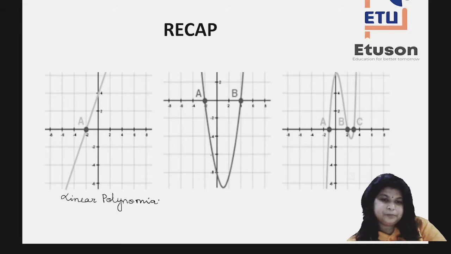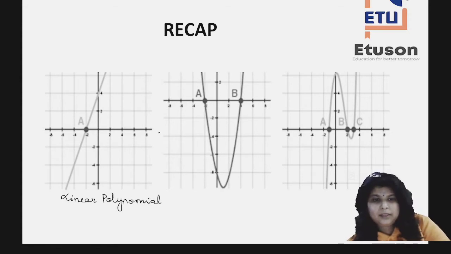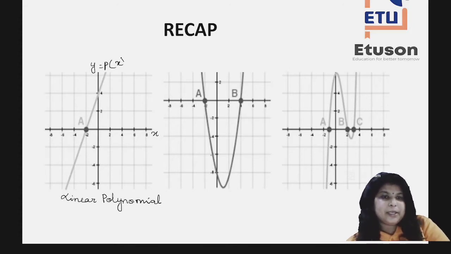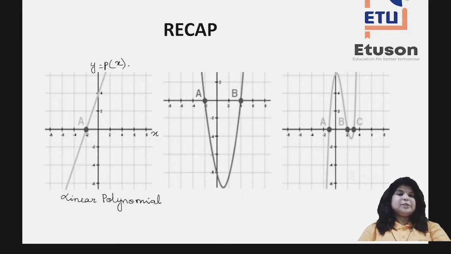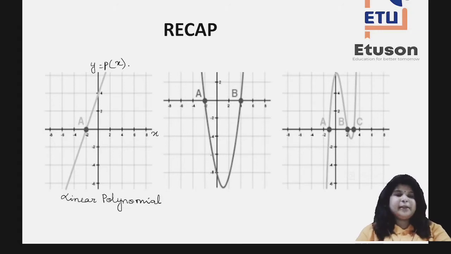The nature of the graph is a straight line, right? Here the horizontal axis is the x-axis, the value of the variable, and y represents p(x).